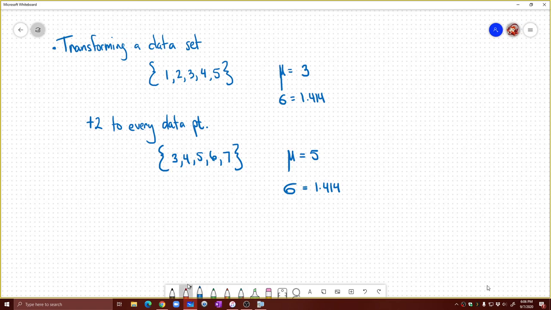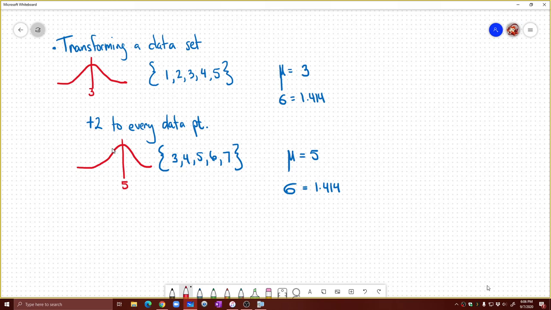So a way to kind of think about it is that, let's say graphically our data maybe looked like this, with the mean being at 3. Well, if everybody gets +2 given to each data point, all that's just doing is causing that exact same shape of graph to just be moved over 2 units. So the adding does not affect the spread.